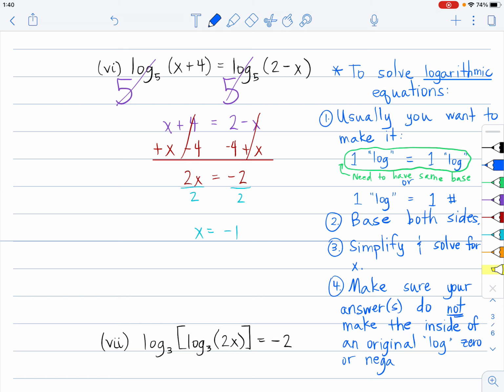There is a restriction on a logarithm's domain. What goes inside of a log cannot be 0 or negative.